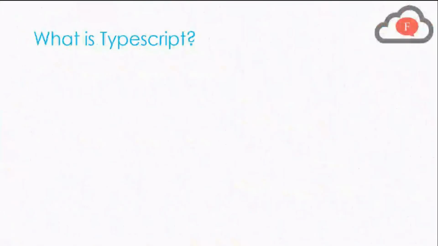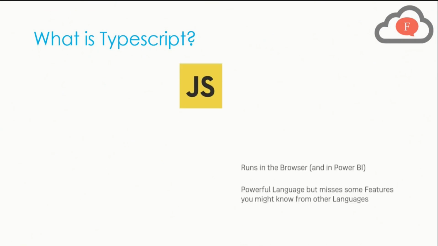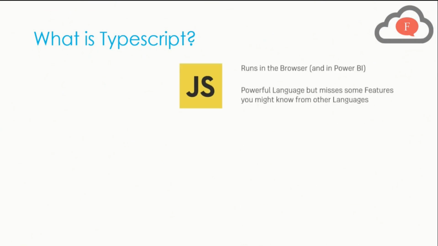Because this is the most crucial question in JavaScript also. When you have JavaScript, what is the difference? It runs in a browser and in Power BI, but there are some features that are actually missing from JavaScript. For example, when you see a variable in your component in JavaScript, you can easily allot a string to it.